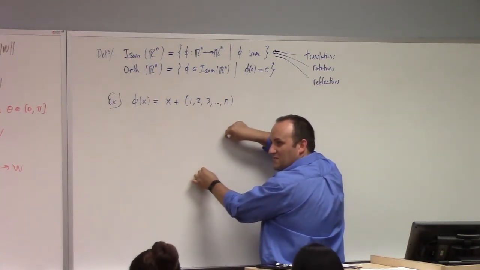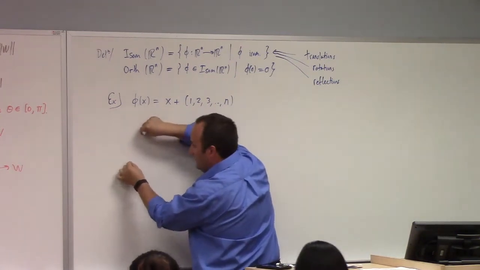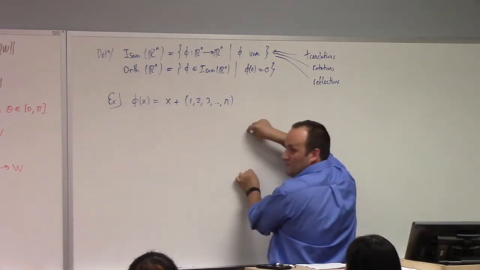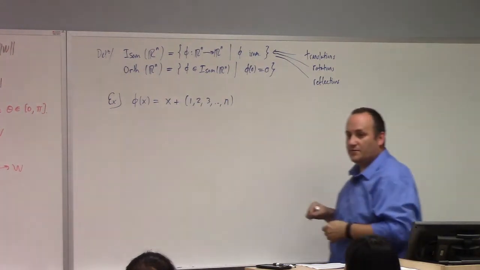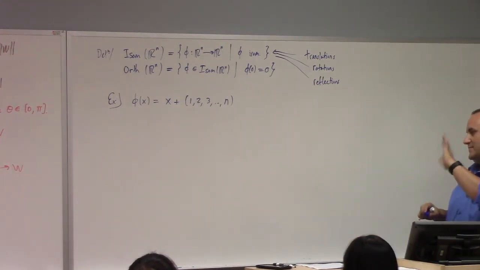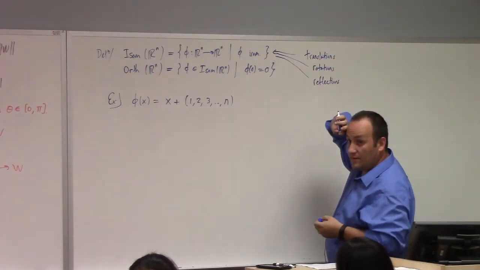But the angle between the points and the origin is not preserved, because over here the angle would be like this, but if you move them over here, it's not the same angle. Angles are not preserved for translations. Translations are isometries, but they're not in the orthogonal group.